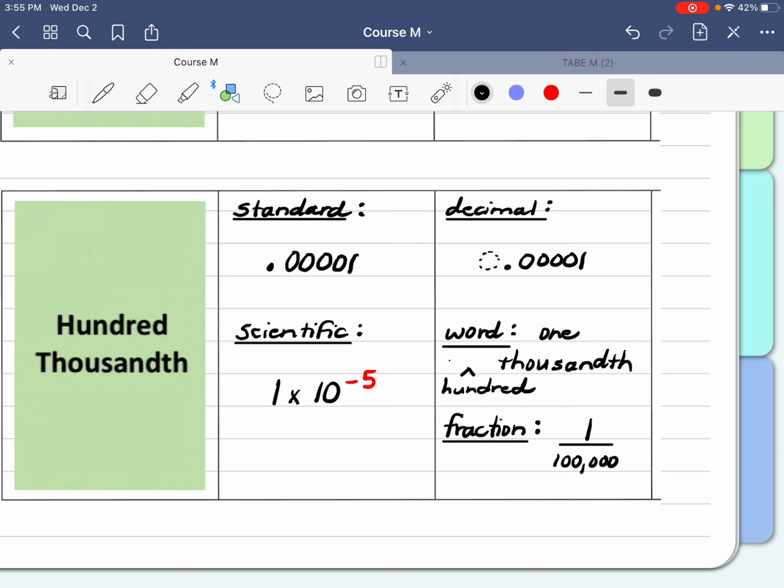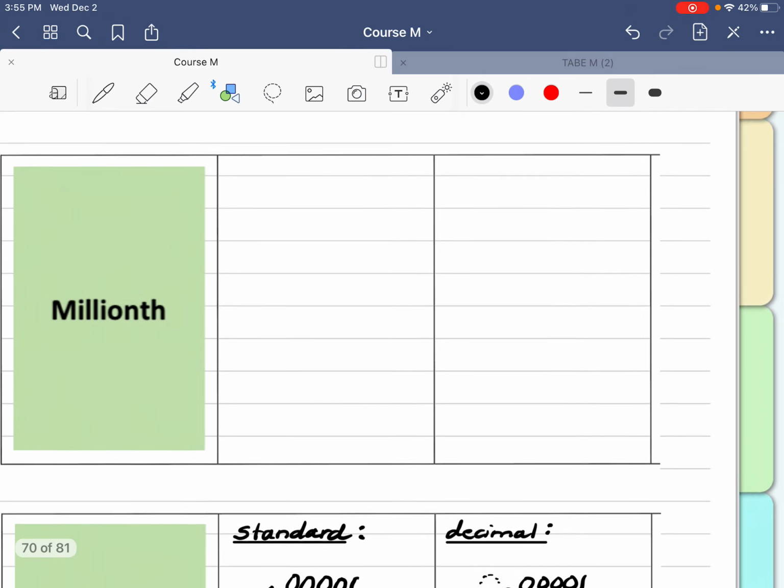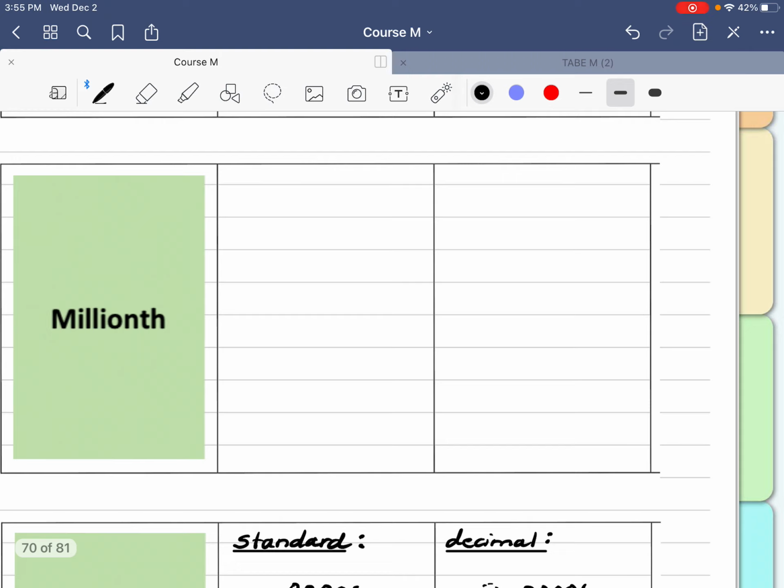Okay, one more. And that is the millionths place. Now there are places after millionth, but I didn't want to run this in the ground, so I stopped at millionth, but you could keep counting on past millionth. So we have tenths, hundredths, thousandths, 10 thousandths, 100 thousandths, 1 millionth.